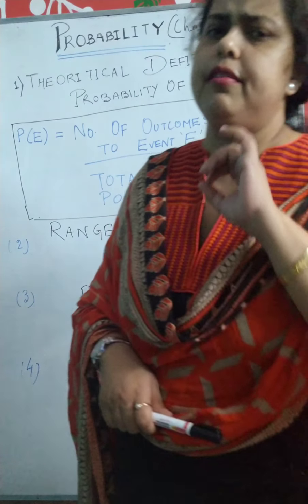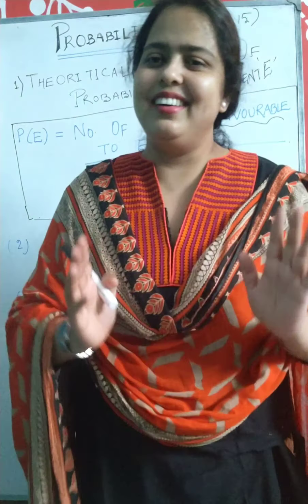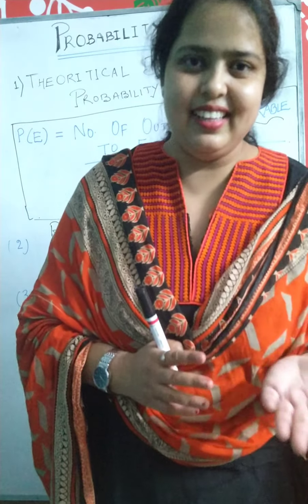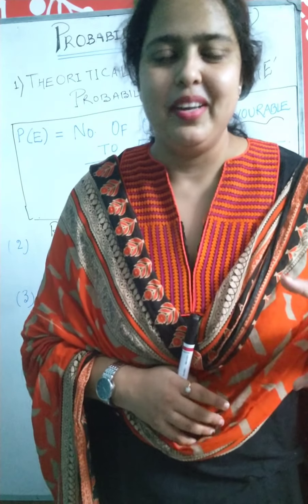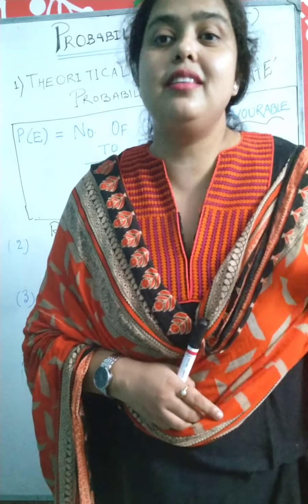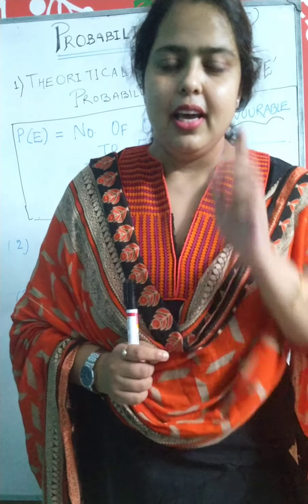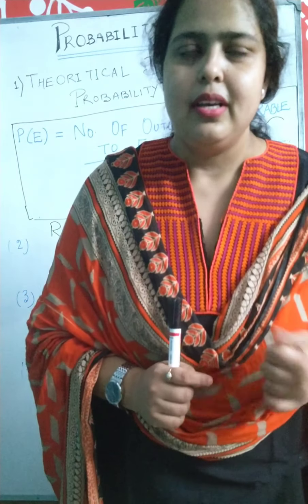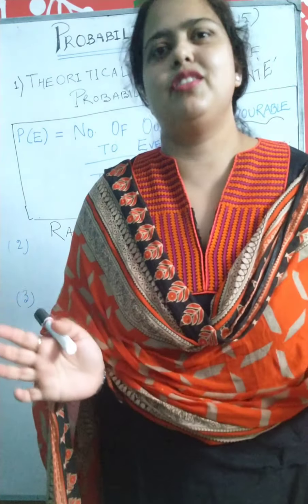And if you have not done well, you have not written anything, you got 0. So 0 out of 100. If I calculate the ratio, 100 by 100 is 1 and 0 by 100 is 0.